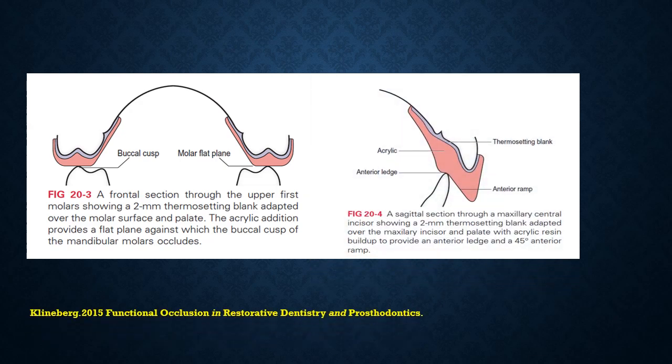Also you can see a sagittal section through the maxillary central incisor. The same, you can see a thermosetting clear plank of 2 millimeter thickness, and we build acrylic over the clear thermoset template, and we form an anterior ledge anteriorly to act as a stopper for the incisors for centric relation.